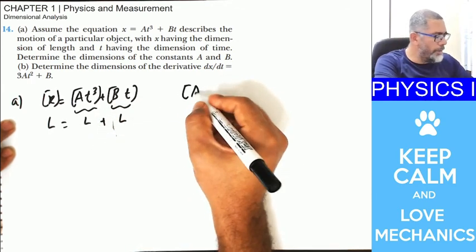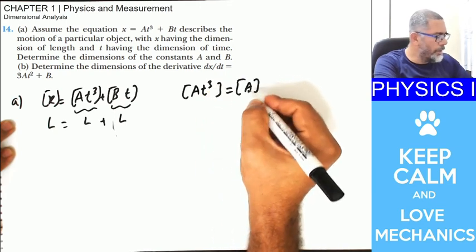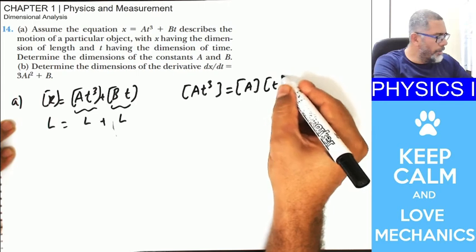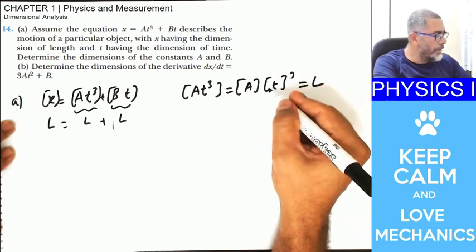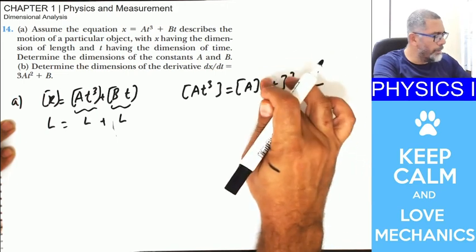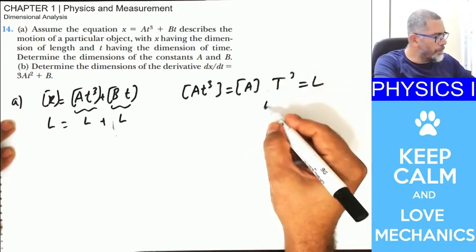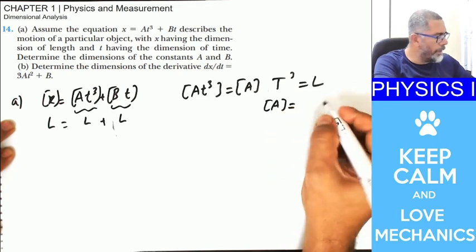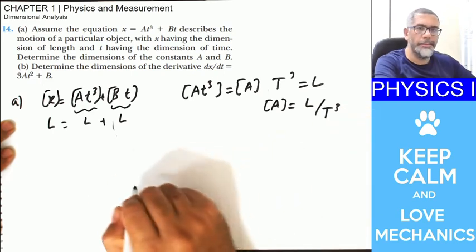And if a t cubed is equal to L, and we know that the dimension of small t is nothing but capital T, right? So that solves the dimension for A to be L, length divided by time cubed.